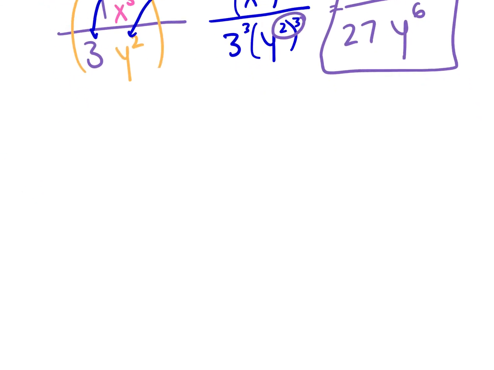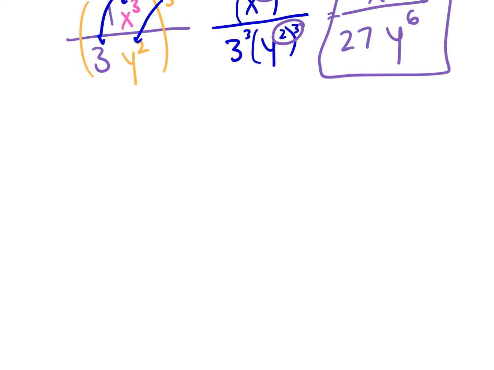So don't forget for tomorrow, when you are multiplying, so x to the 2nd power times x to the 4th power, what do I do to my exponents? Add the exponents. So this would be x to the 6th power. If I'm dividing, so let's say I had x to the 6th power over x squared, what do I do to my exponents?